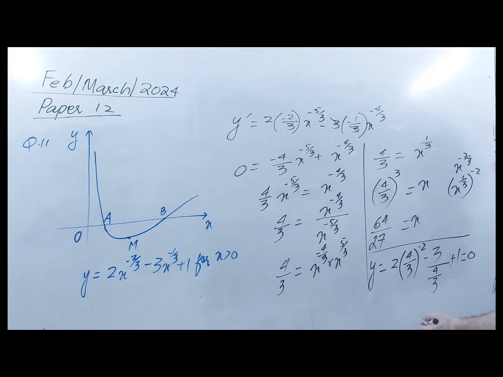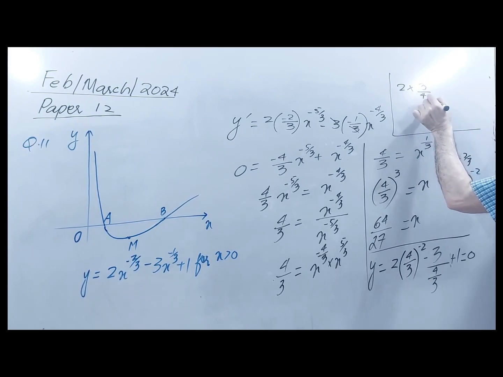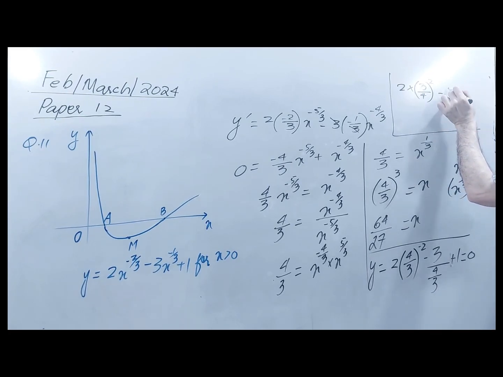I'm running out of space here, so I write here. From your O levels, you know, if you turn the fraction upside down, you make the power positive. So it becomes 3 by 4 whole square, right? And this is minus 3 into 3 by 4, we are finding y, plus 1.